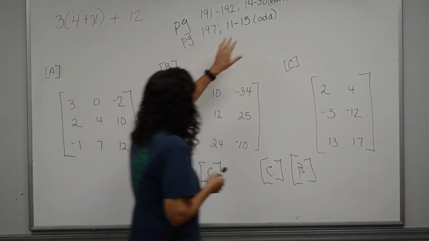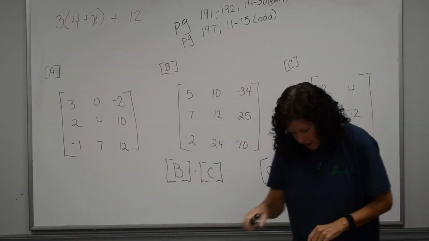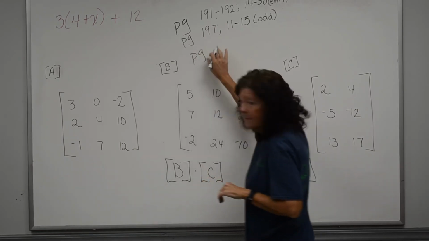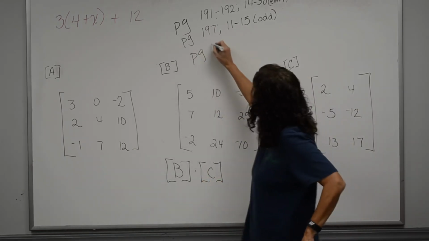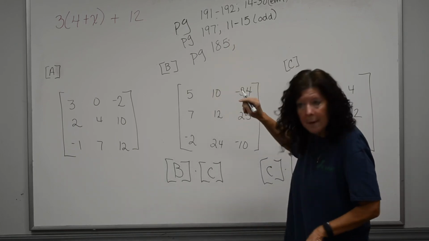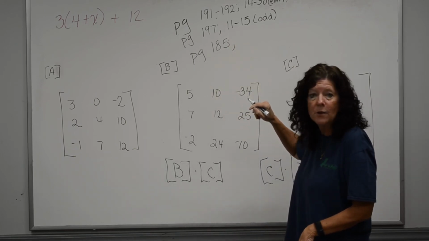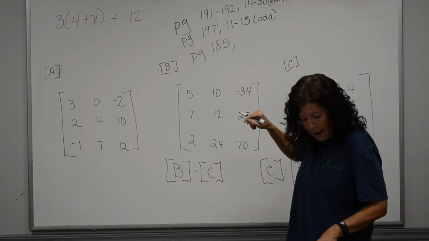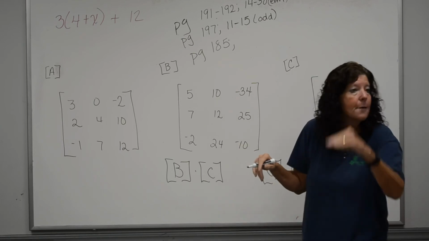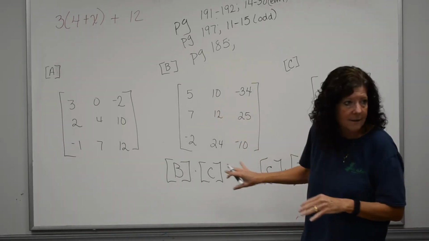What I want you to do, you're going to finish that if you haven't finished it. But the page that I'm starting to put up here right now is all calculator use. They give you 3 matrices. You're going to put those 3 matrices in your calculator. Now, my suggestion, I would just do right over top of, you're going to edit A, B, and C. You don't need these A, B, and C anymore.